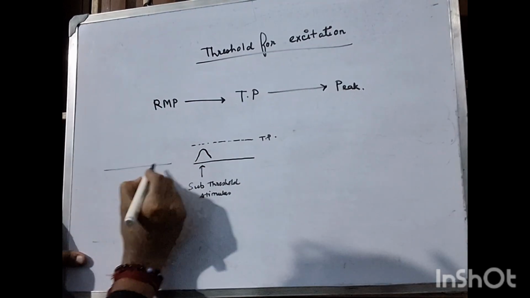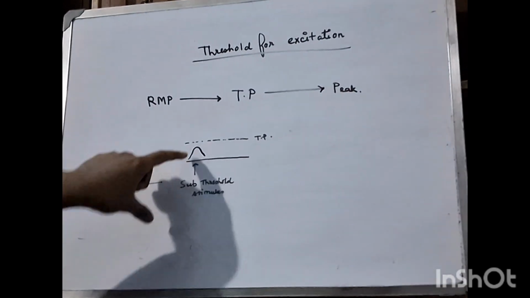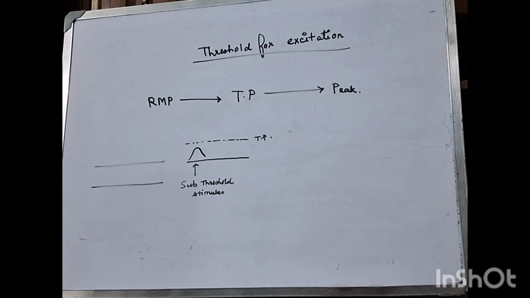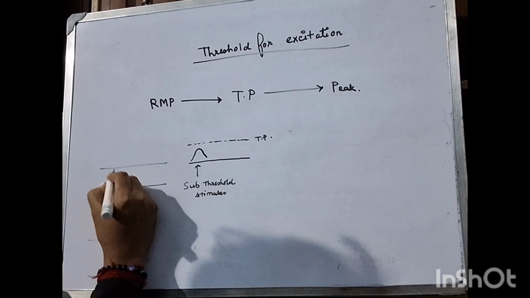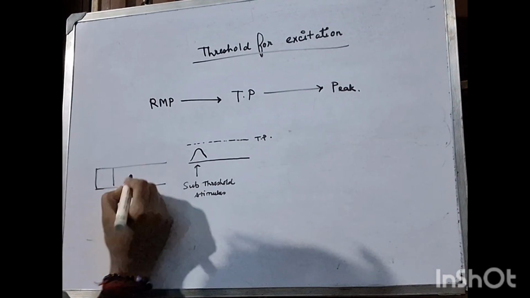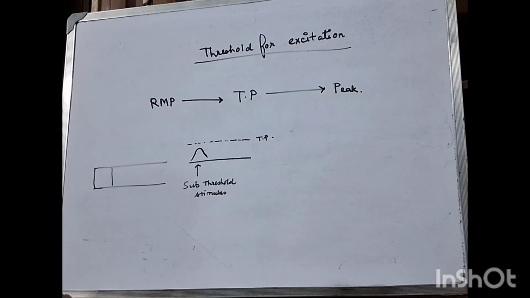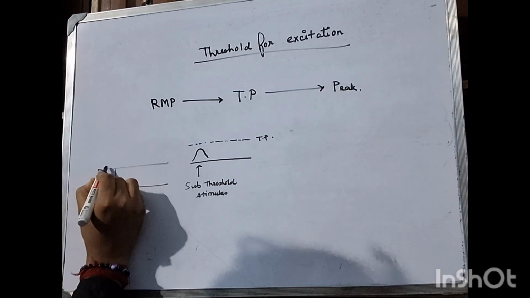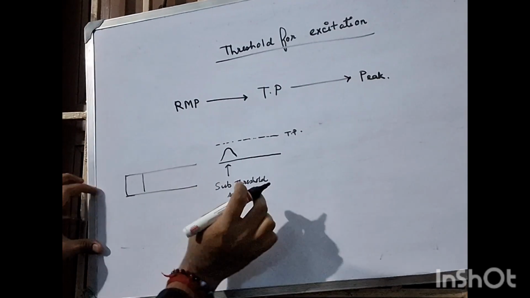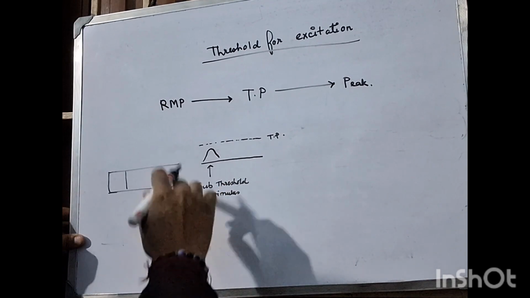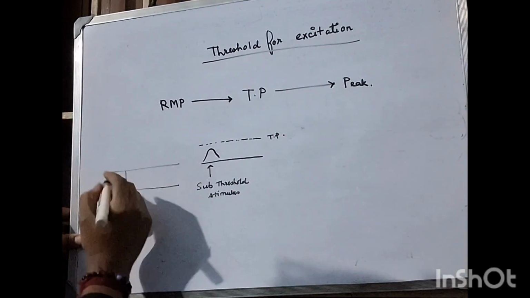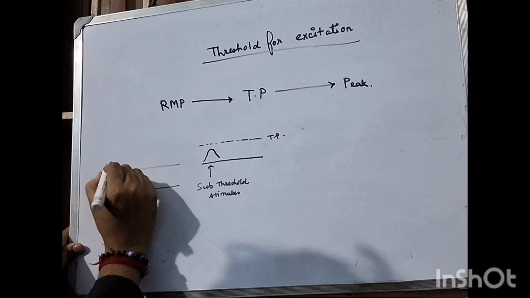Along a nerve fiber, this sub-threshold stimulus is incapable of transferring the information. Suppose this is a particular segment of the nerve, or a particular area of the membrane of a Schwann cell. This information will not propagate because the stimulus is not sufficient to carry the information throughout the nerve fiber. So this gives rise to a local potential.